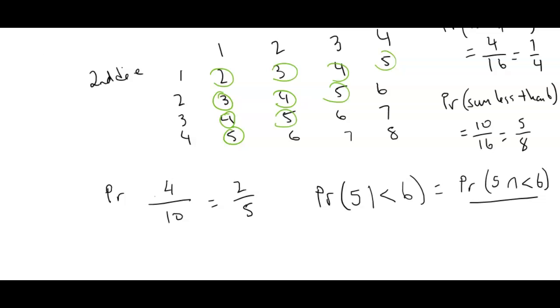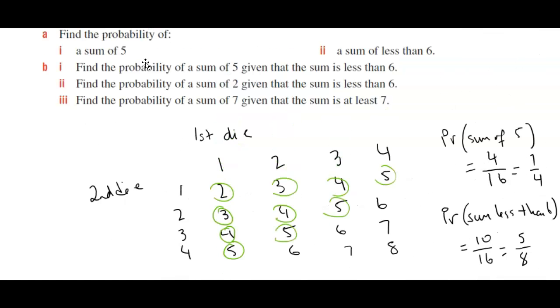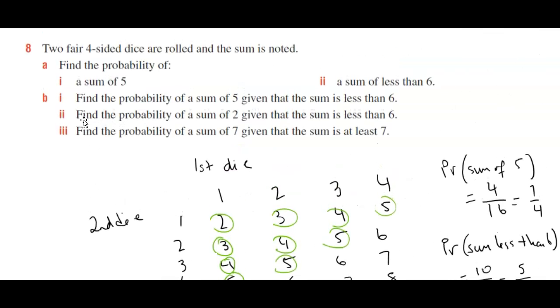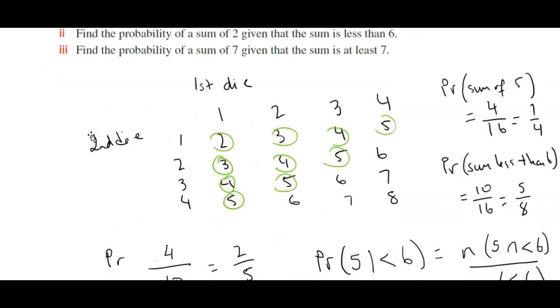And I always do that, I write the probability, but you can just write the number. Over the number that is less than 6. Okay, so 5 and less than 6, there were 4 numbers. Number that is less than 6 is 10. So using your conditional probability formula. All right, so you can do the same thing for question 2 and question 3, just using your conditional probability formula from the previous chapters.